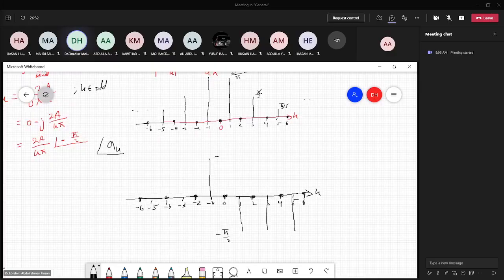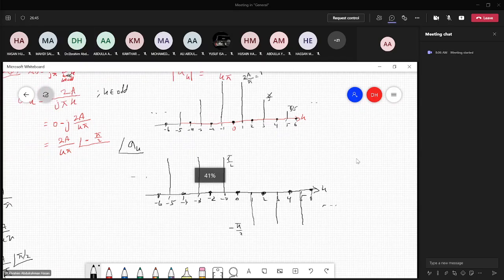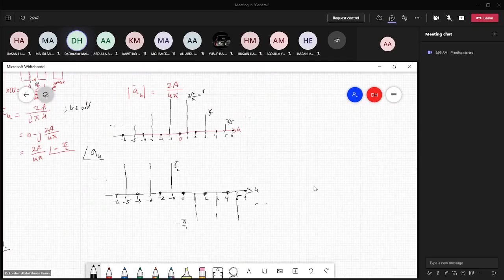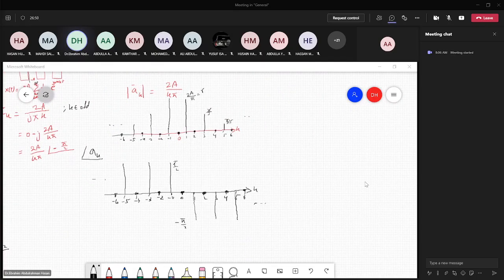So here we get pi over 2, pi over 2, pi over 2 for all odd. Okay, what is this magnitude? Okay, this is the magnitude here.